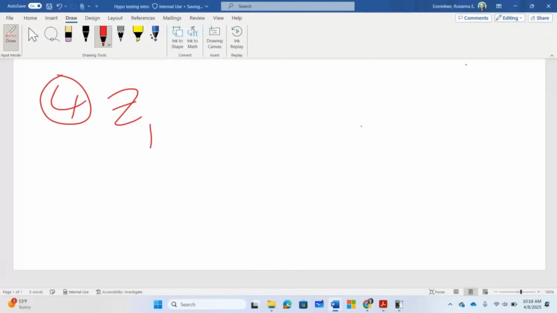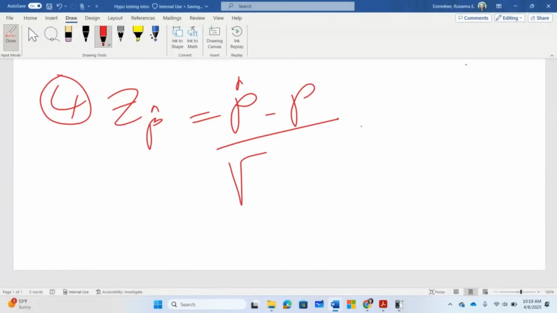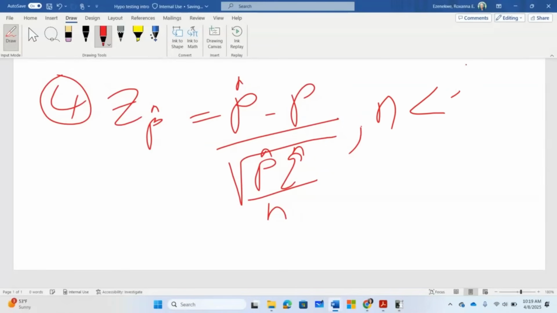This is Z equals P hat minus P, all over the standard error, which is the square root of P hat Q hat divided by sample size, assuming the conditions are met, where n is less than 5% of the population, and nPQ is greater than or equal to 10.